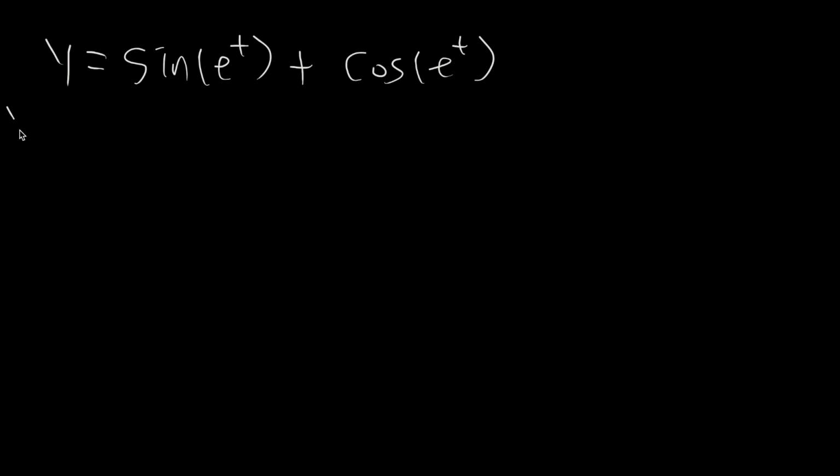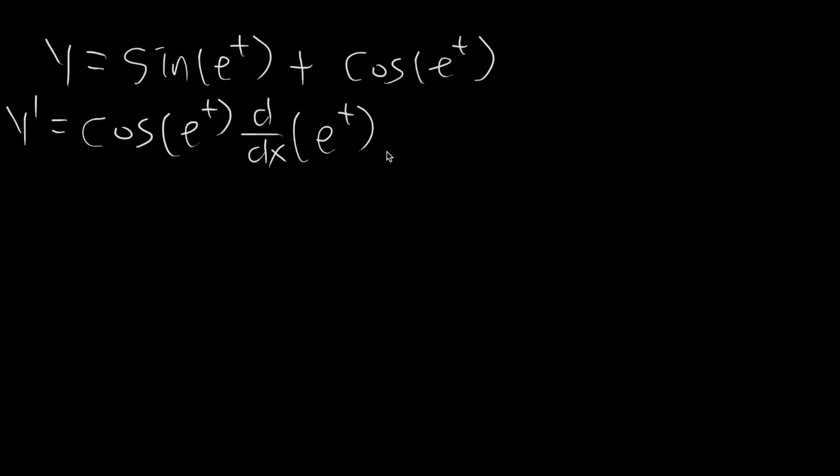y is equal to sine e to the power of t plus cosine e to the power of t. What is the derivative of this quantity? The derivative of sine something is always equal to cosine something, and then you take the derivative of e to the t power.